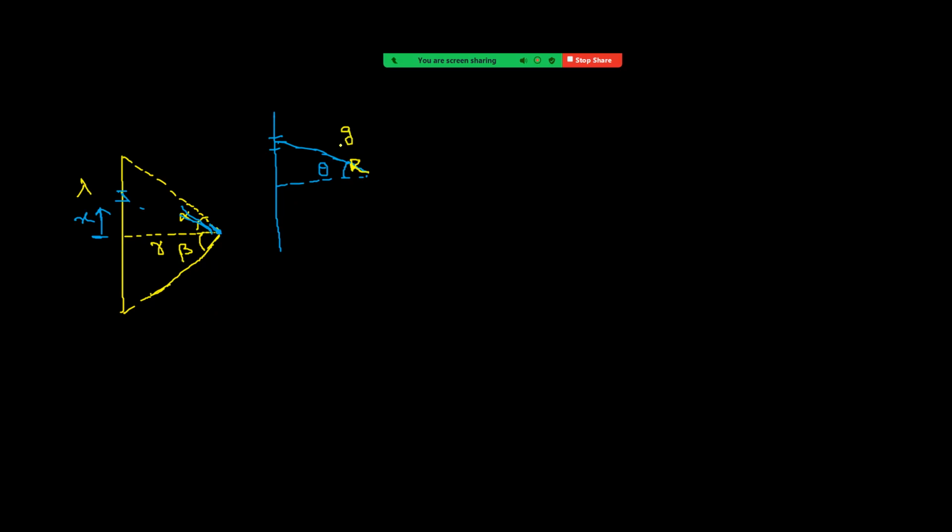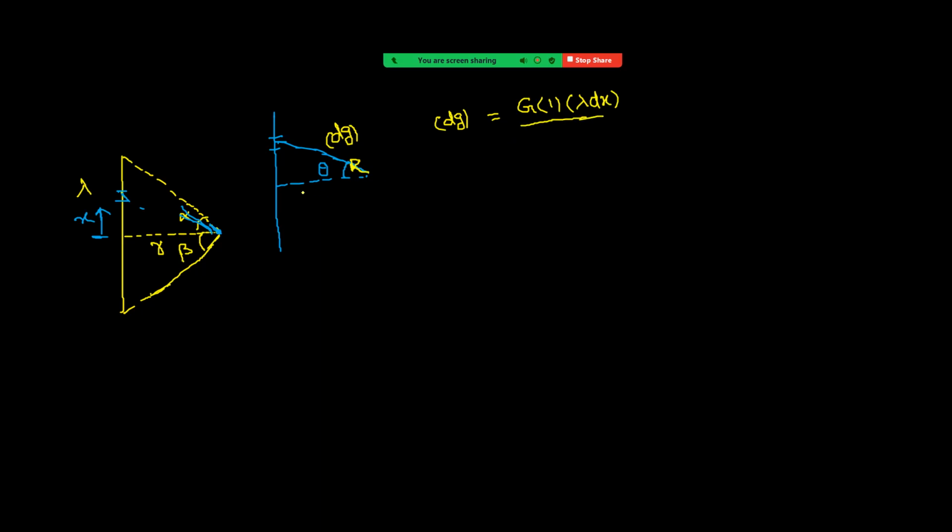I'm taking it as g, or you can say because of the small element it is dg. Okay. That value will be dg, that is equal to G m1, that is 1, m2 lambda dx, by r square.